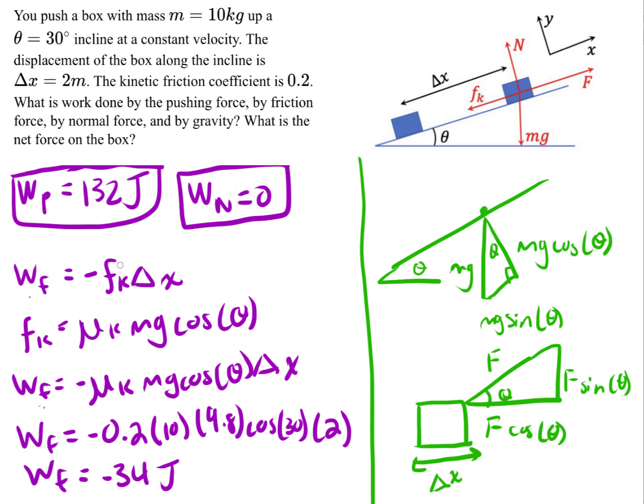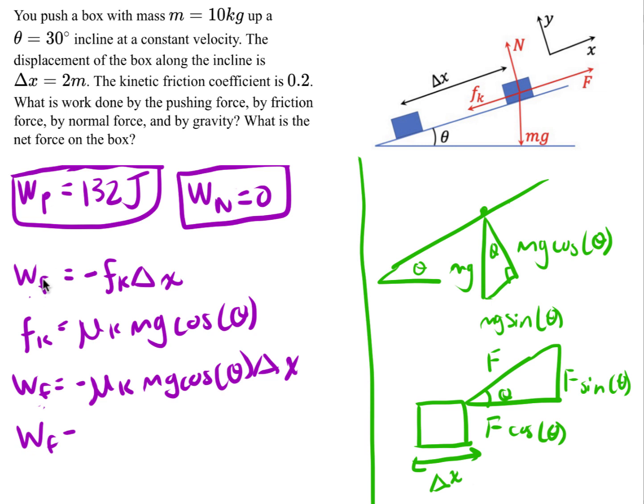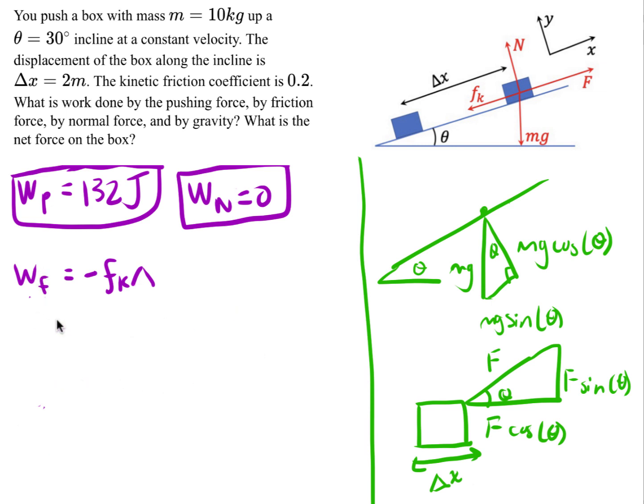So I'm going to rewrite this up there. I'm going to get rid of all of this. And the work done by friction is about minus 34 joules to the left, basically.